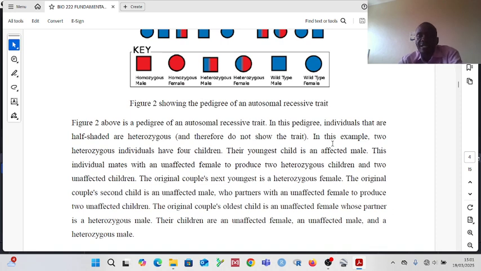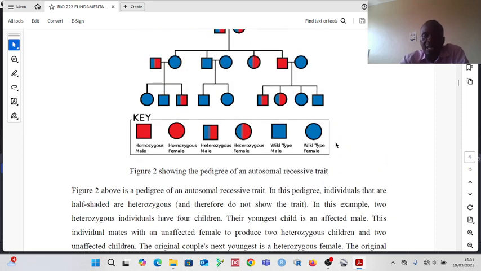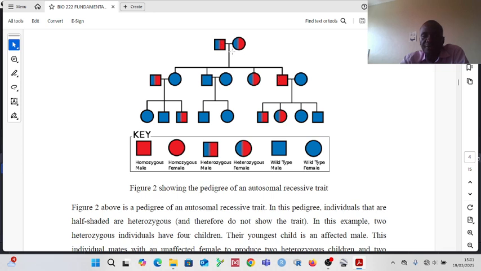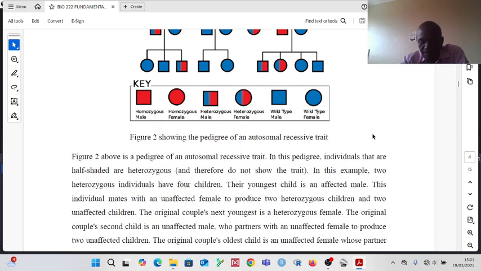So the youngest child is an affected male. Here he is. That's the youngest child of this couple. That is the unaffected male. This individual mates with an unaffected female to produce 2 heterozygous children and 2 unaffected children.